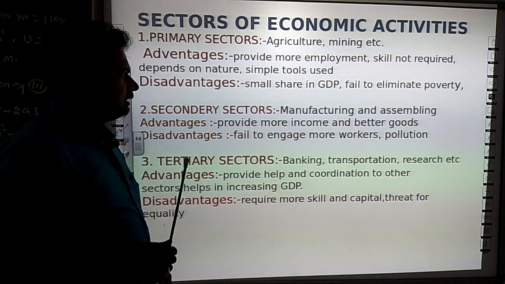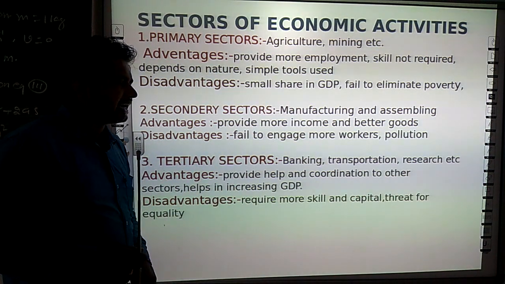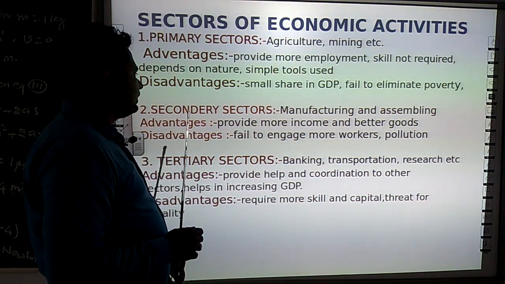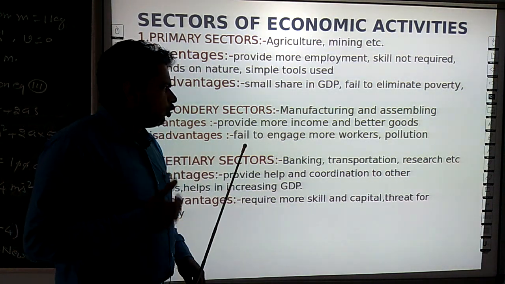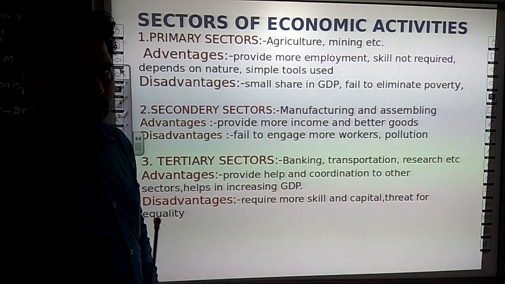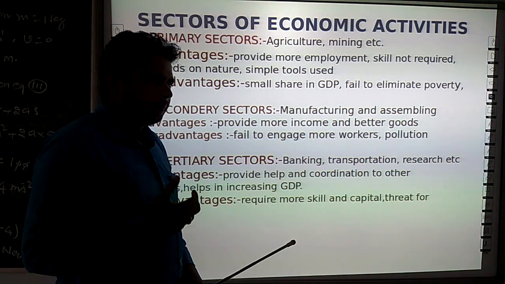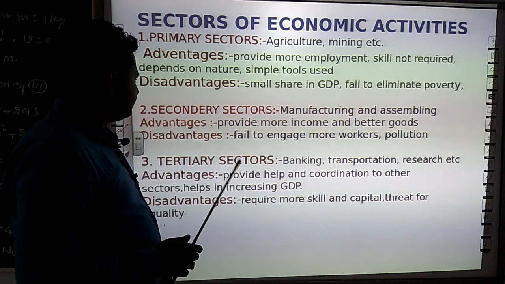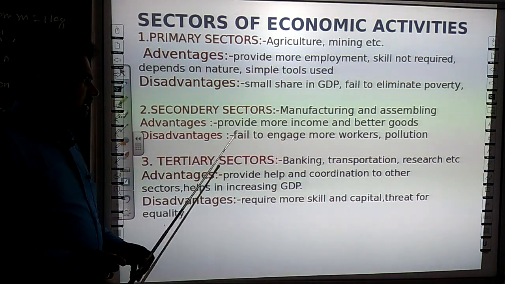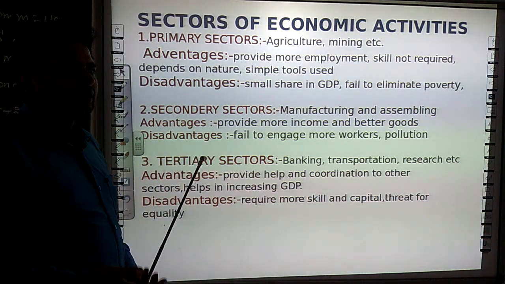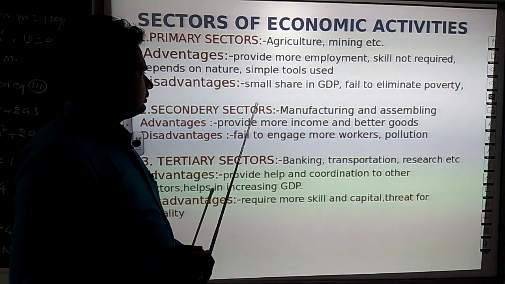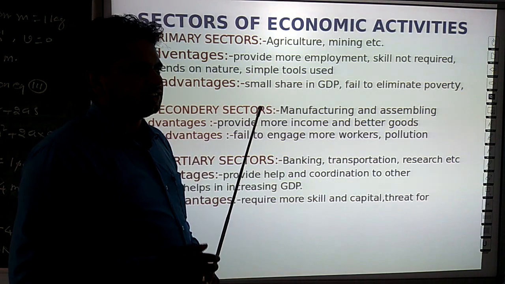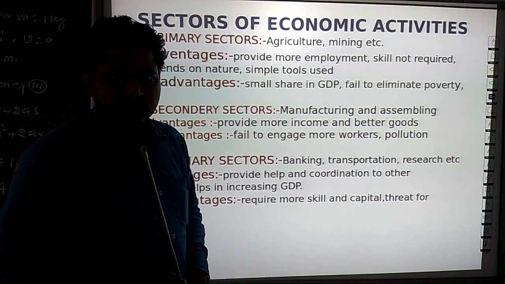Second, the secondary sector, which includes manufacturing and assembling activities. Advantages: it provides more income to the people and better goods to the people. Disadvantage: it fails to engage more workers, as in the secondary sector industrialization is adopted.